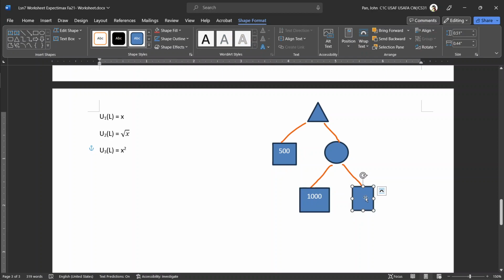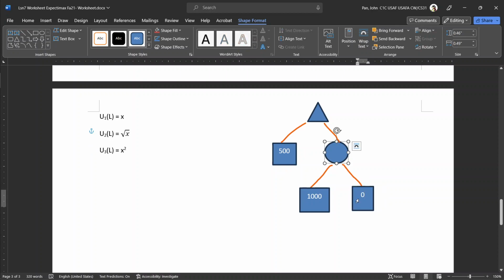If we lose, we get $0. And because they're equal chance of either happening, we get $500. Gotta make it a little fatter to fit the number. So our expected value of rolling the dice is $500.